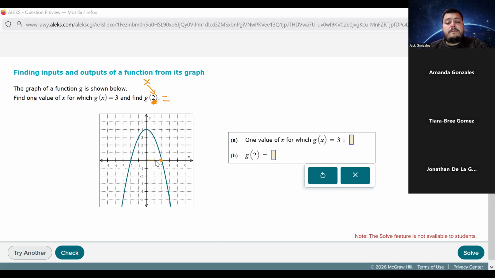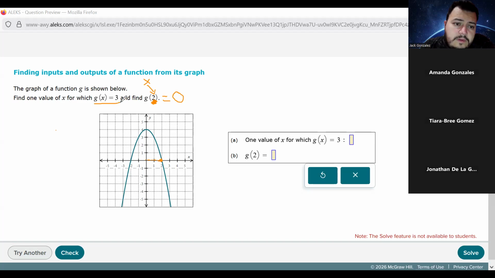Right, you see the y? And so the y value is 0.